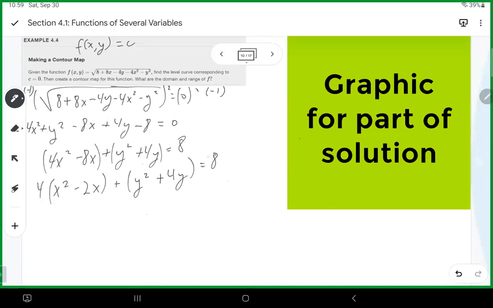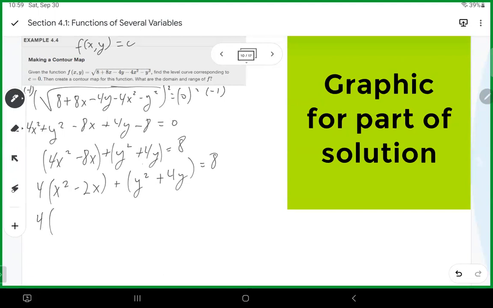I understand why we're doing it, because they want us to do the completing the square. They do say factor 4 from the first pair, which will make completing the square a little bit nicer, but still, really, you should be able to truly factor, but it's fine.